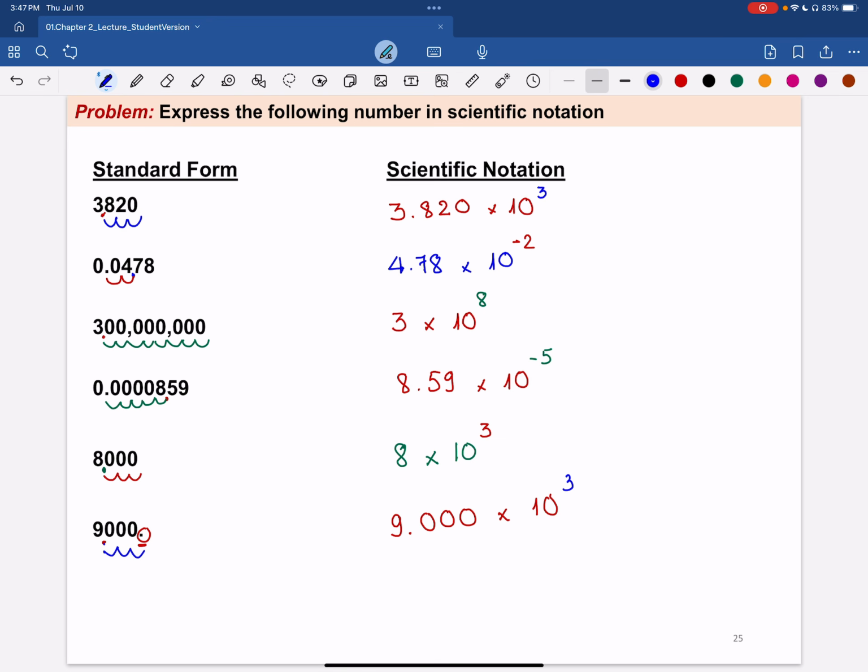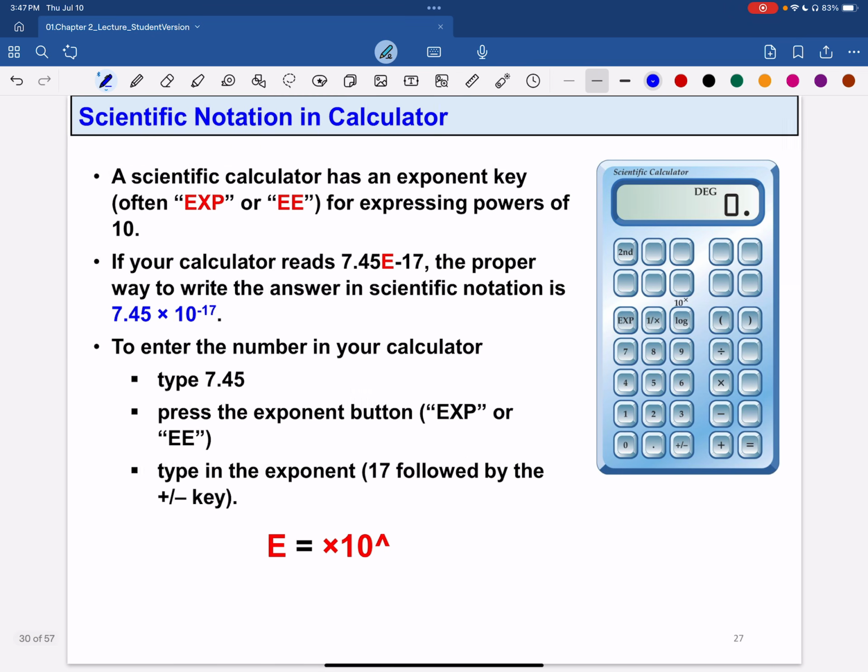Now let's talk about how you put scientific notation in the calculator. Some calculators will have something called EXP or EE. That is to express the power of 10. E means times 10 raised to the power of whatever.